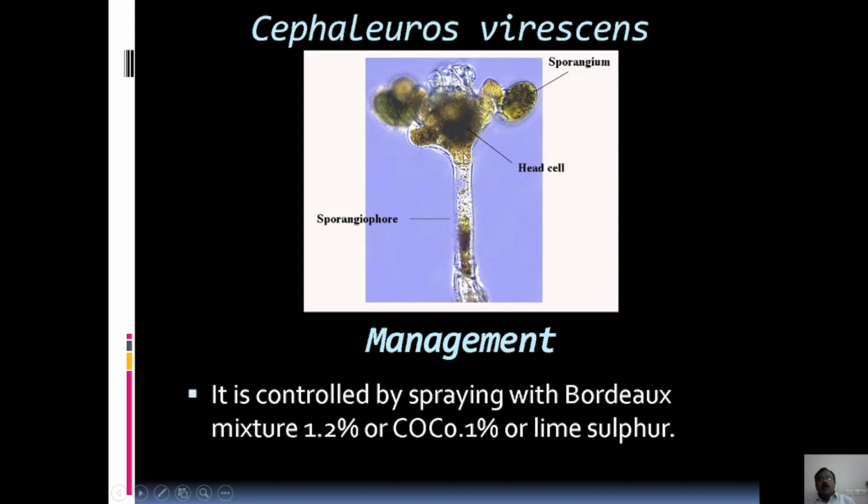This is the long reddish brown sporangiophore, which produces a vesicle, and upon the vesicle the sporangia are formed with a small structure called sterigmata. To control this disease, you can apply copper oxychloride at 0.1% or Bordeaux mixture at 1.2% or lime sulfur, which will help in reducing the incidence.